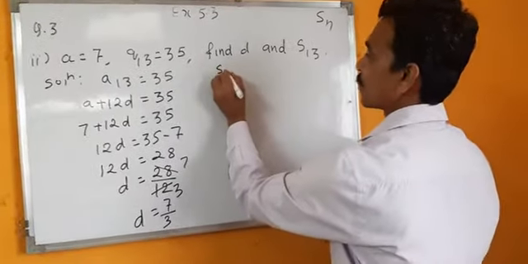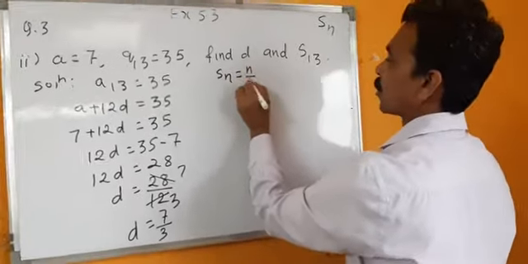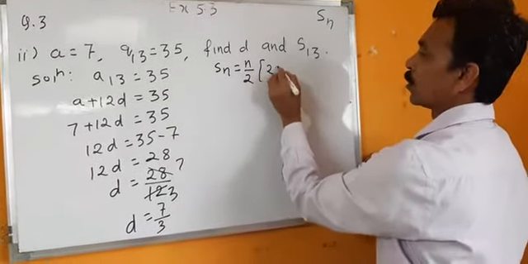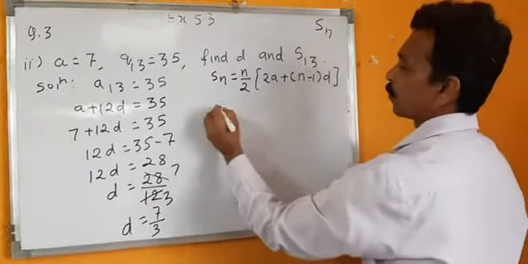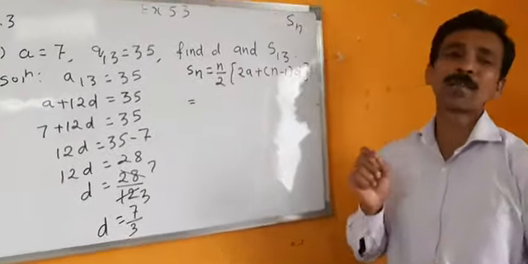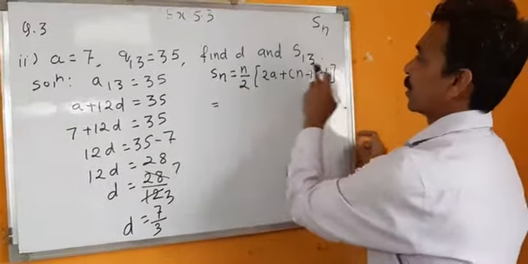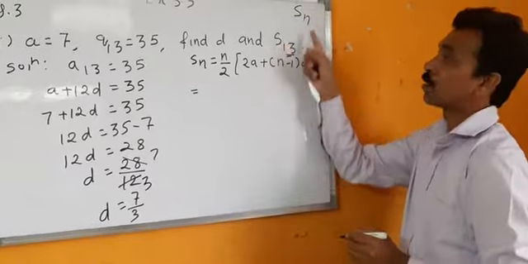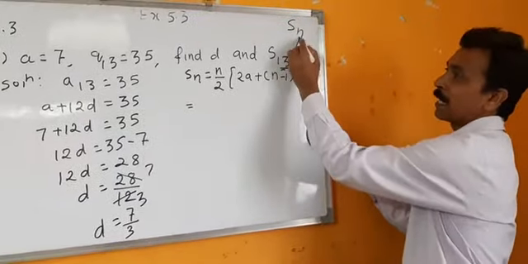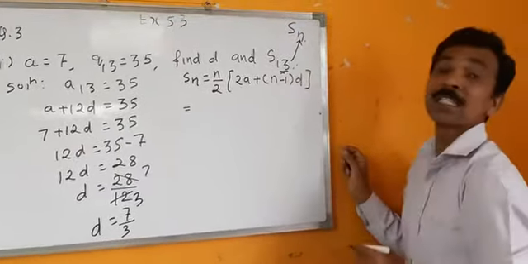Now we'll use the formula for Sn is equal to n by 2 into 2a plus n minus 1 into d. Place the values. Now we have all the values. The question is asked, find S13. Can you see Sn? This n is here 13.